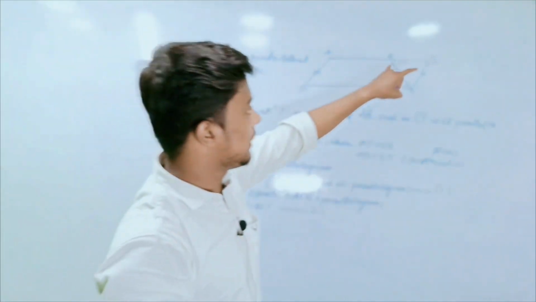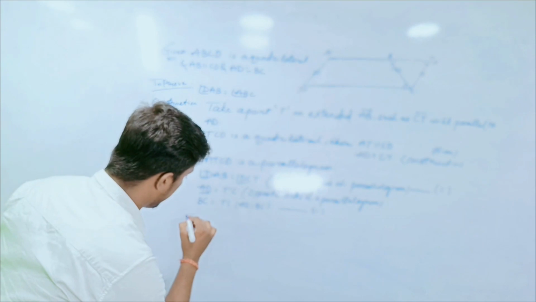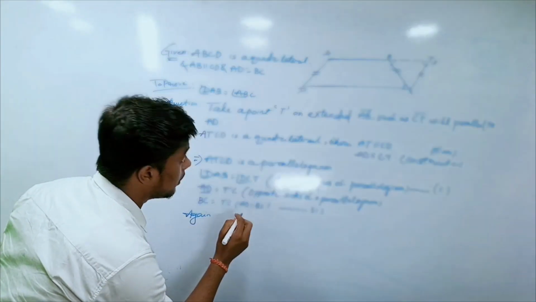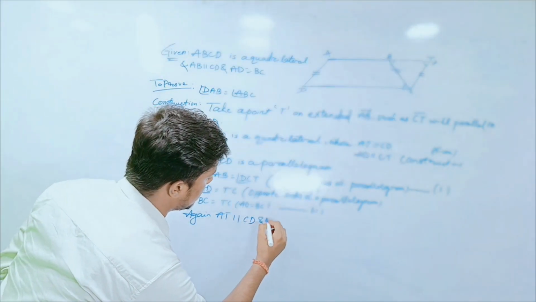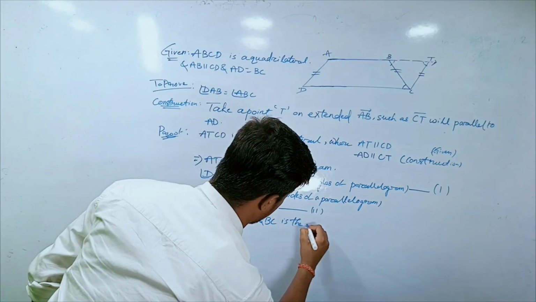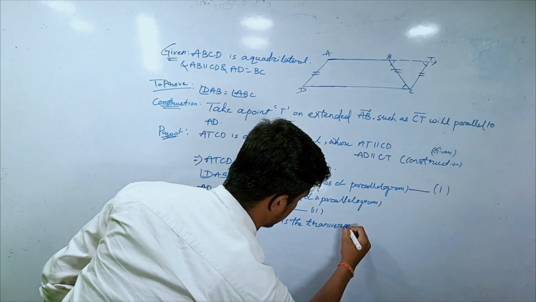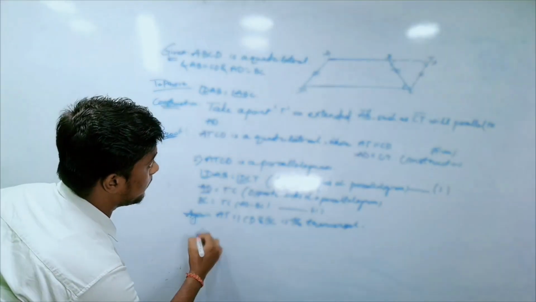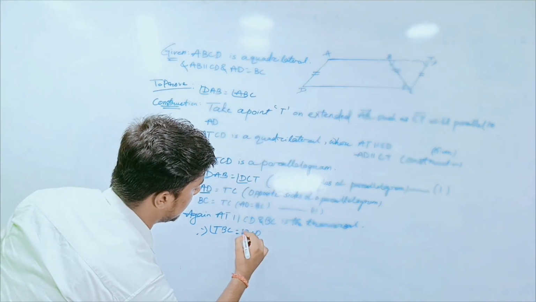Again you need that this angle and this angle are equal, so be sure to write this also. Again you will write AT parallel to CD and BC is the transversal. That implies your angle TBC equals angle BCD.